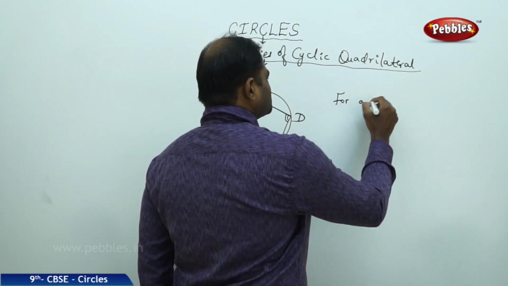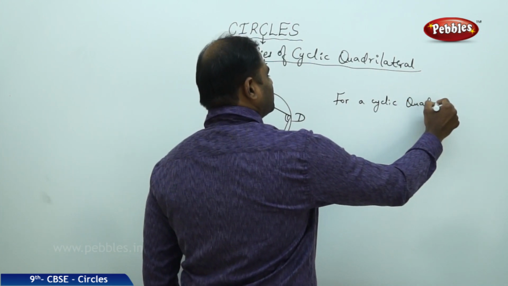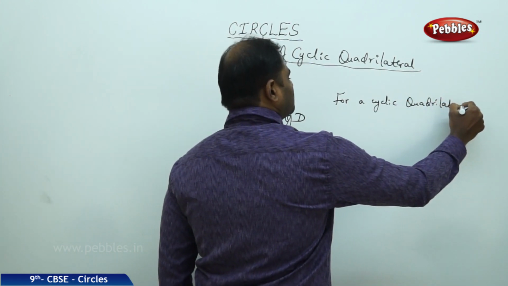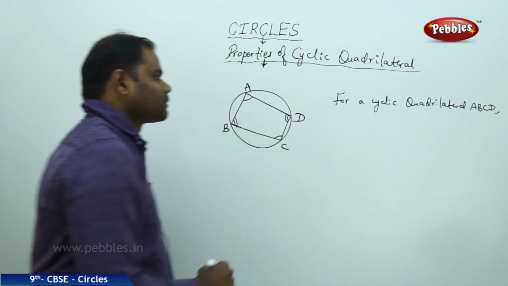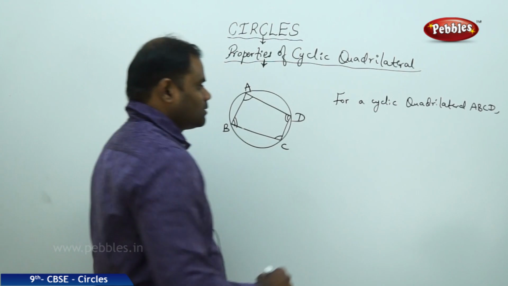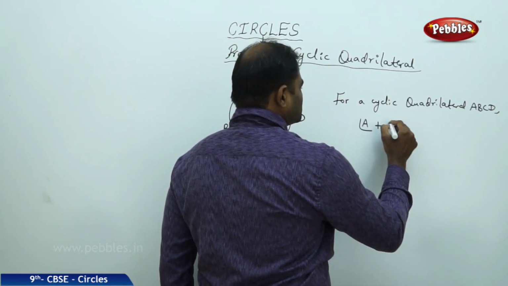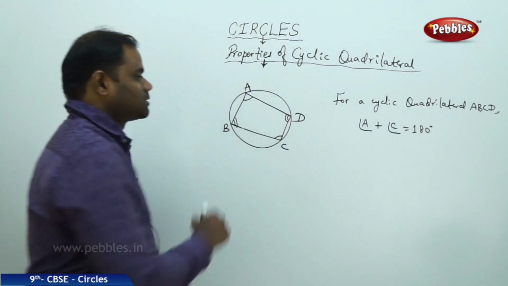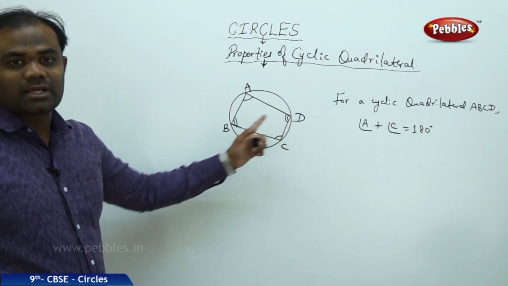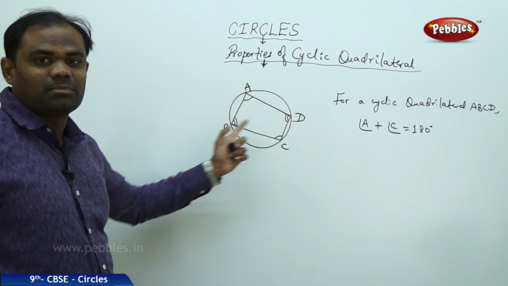So the property says for a cyclic quadrilateral ABCD, angle A plus angle C is 180 degrees and angle B plus angle D, which are opposite angles, are always supplementary.